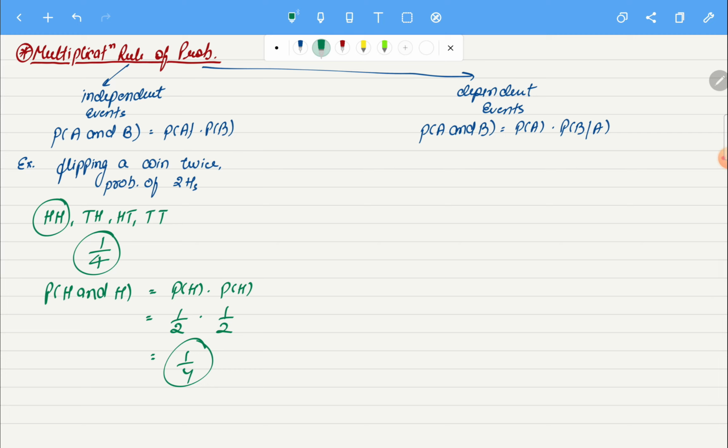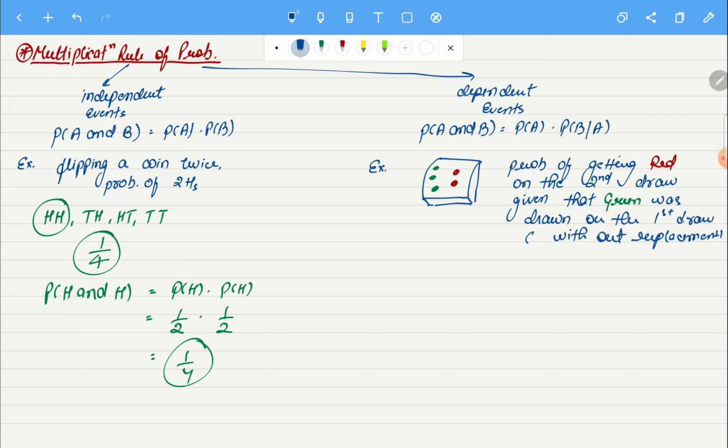Now let's take an example for dependent events and understand that, because that is a little bit more tricky. For this example, we have a bag in which we have 3 green balls and 2 red balls, and we want to find the probability of getting a red ball on the second draw, given that a green ball was drawn on the first draw, and we are doing it without replacement.